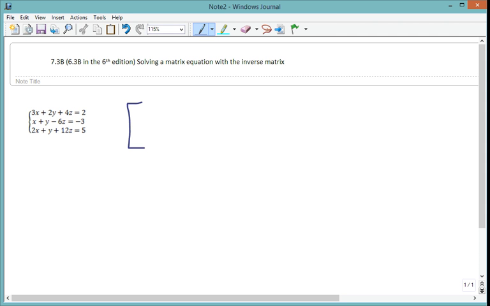Okay, so we're just looking at all these coefficients. A 1 on the x and so on. So it's going to be 3, 2, 4, 1, I didn't leave myself enough room, and 2, 1, 12. Okay, so those are all the coefficients.